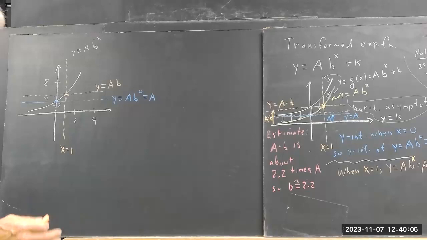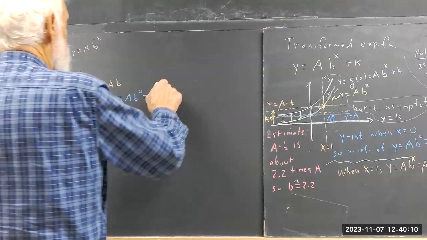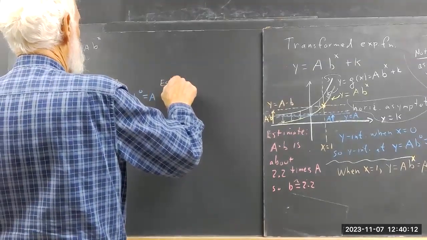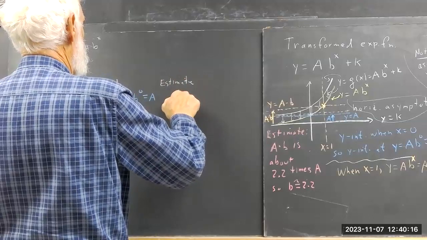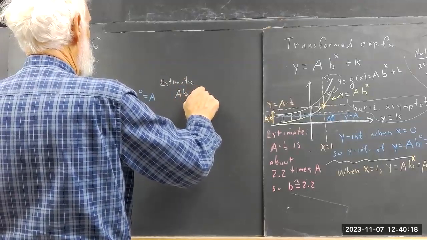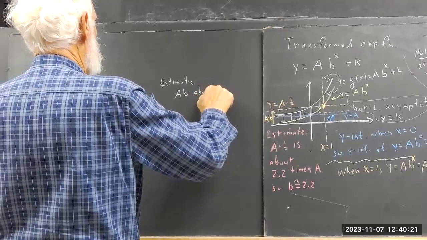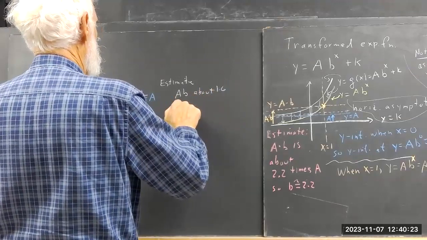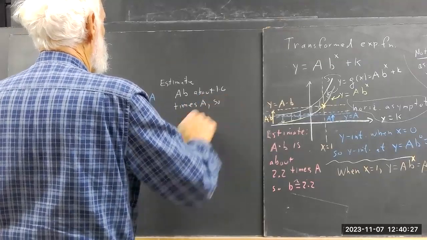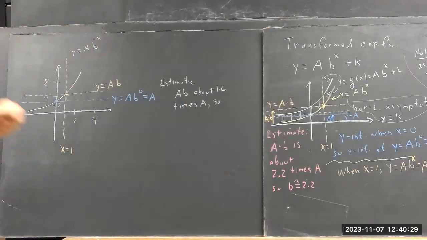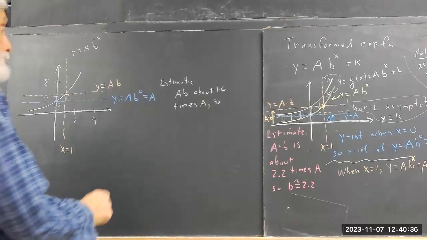Okay, so we estimate ab is about 1.6 times as big as a. You might think 1.5, 1.7, 1.4.